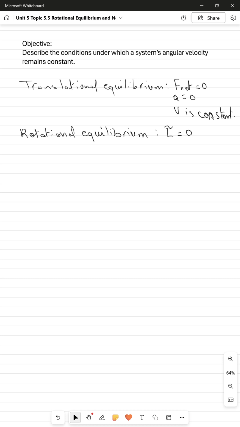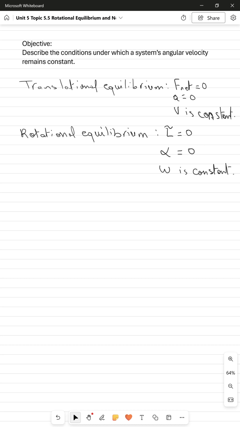If you remember, the torque is R times F, so it means the force can be 0, or the angle can be 0. Also, alpha is going to be 0 and omega is going to be constant. So that's going to be our rotational equilibrium.